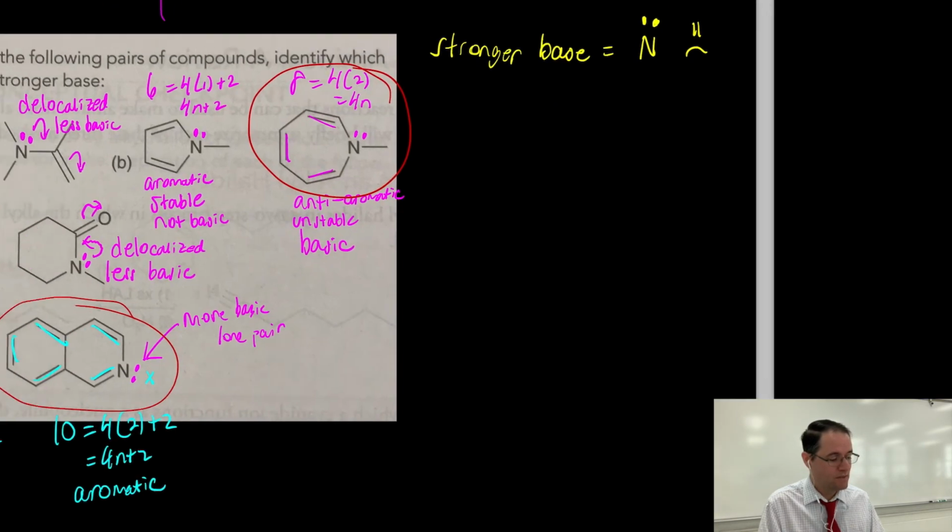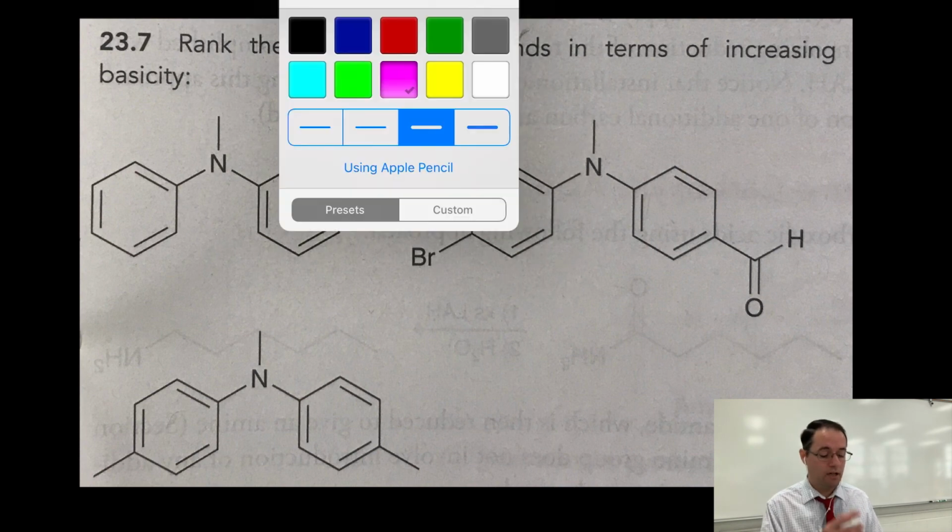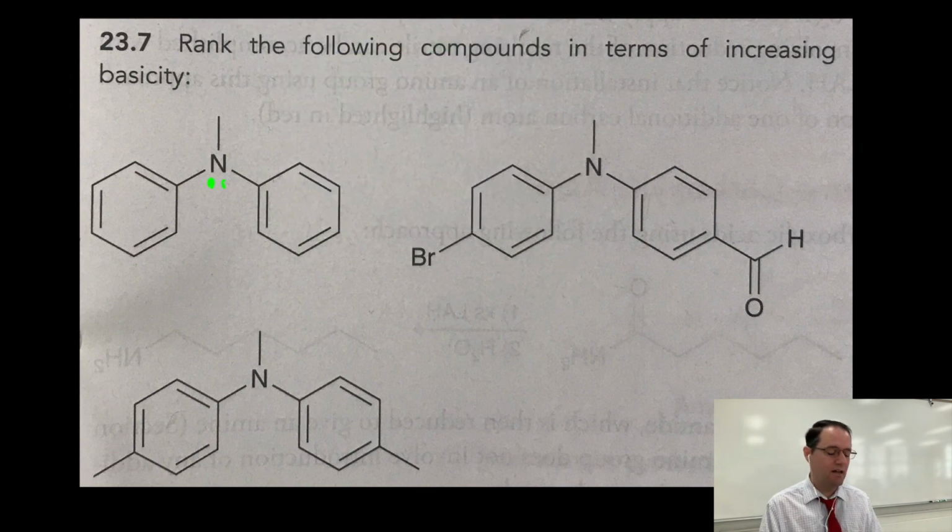Number 7, rank the following compounds in terms of increasing basicity. So again, we're examining the lone pairs on the nitrogen atom and how they're resonance delocalized, okay? There seems to be a difference between these 3 compounds at the para position of the 2 flanking phenyl rings. We have a hydrogen and we have a hydrogen. A hydrogen is not considered an electron withdrawing group nor an electron donating group.